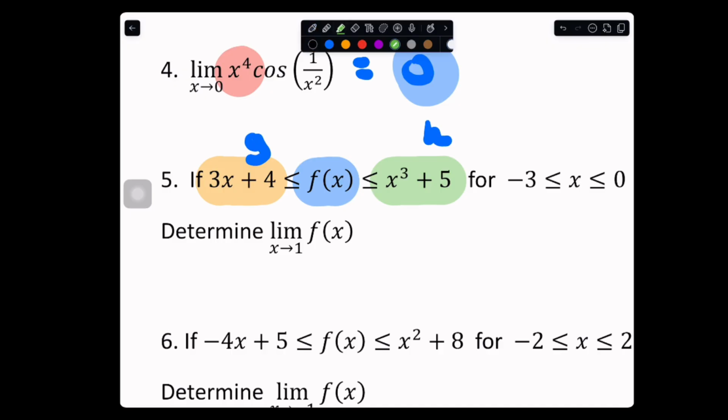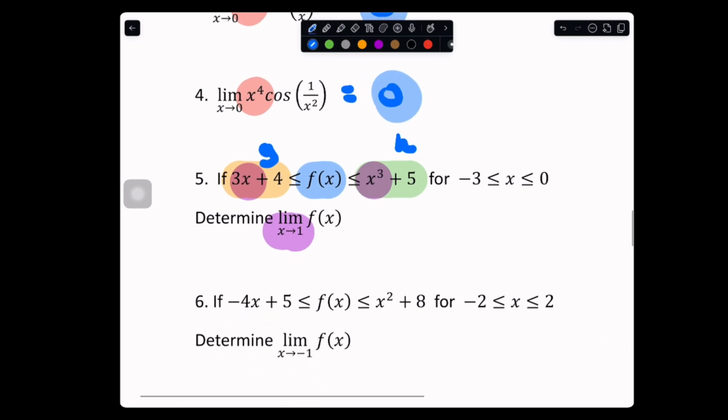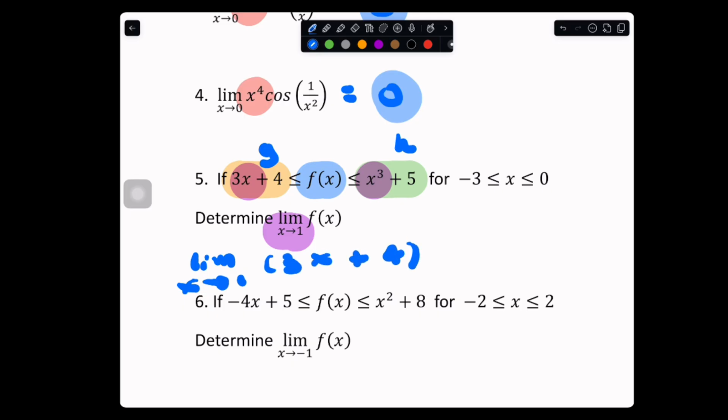What's the limit now as x goes to 1 of the g and h function? Right? So you can say, okay, the limit as x goes to 1, this is of the function 3x plus 4. Is that right?